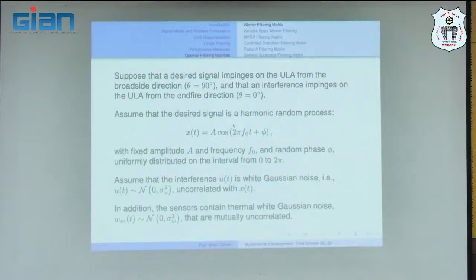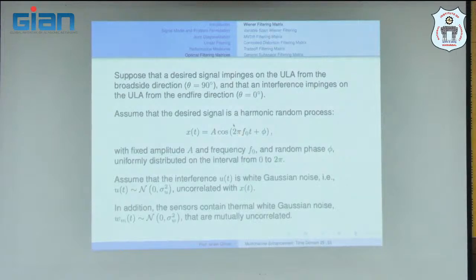Suppose that the desired source transmits a far field wave that looks like this: A cosine 2 pi f0 t plus phi. A is not known, but A is constant. f0 is the frequency, and phi is a random phase uniformly distributed between 0 and 2 pi. And we have additional Gaussian noise.